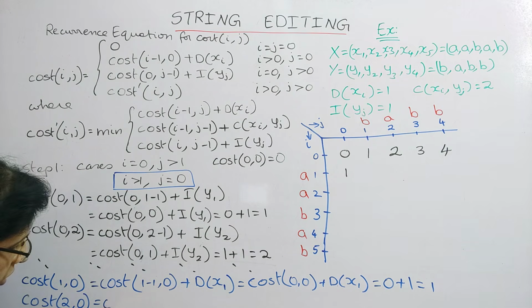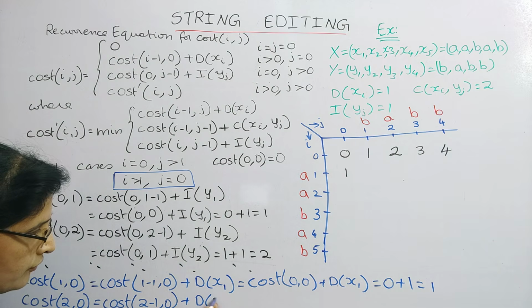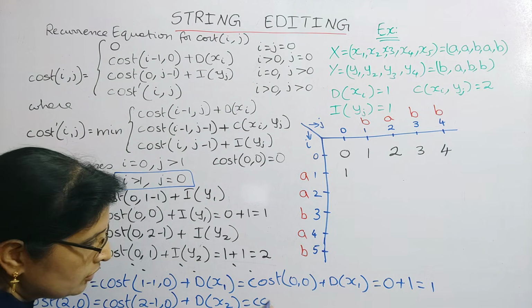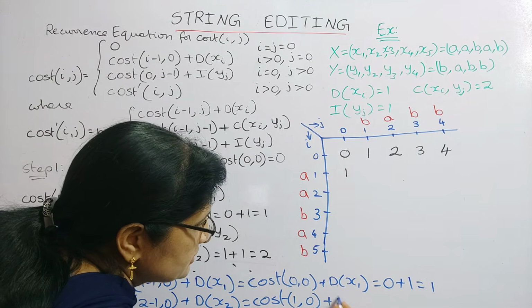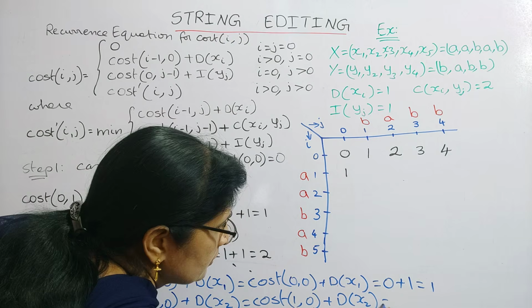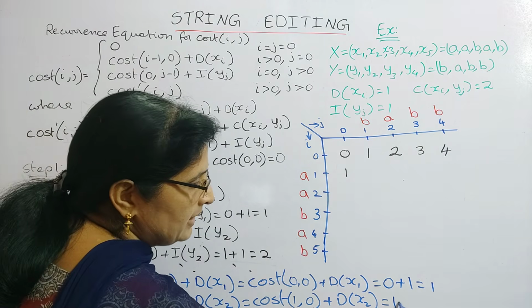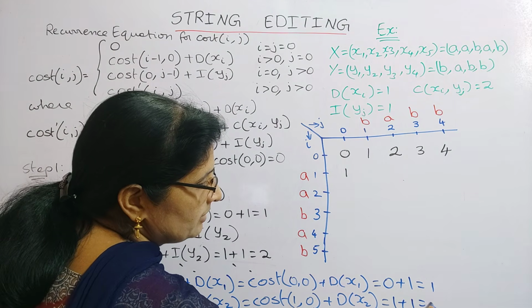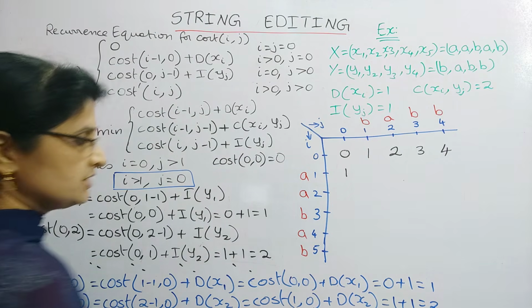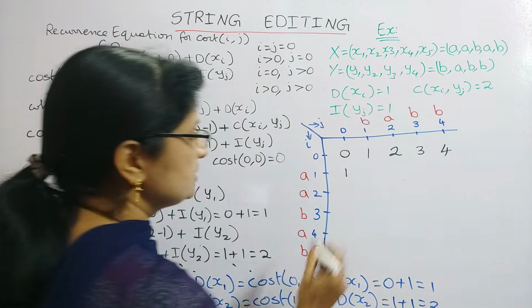So that is cost of 2 minus 1 comma 0 plus d of x2 is equal to cost of 1 comma 0 plus d of x2. So then what is cost of 1 comma 0? It is 1. So 1 plus what is the delete operation cost? It is 1. So it will become 2. So this value is now 2.